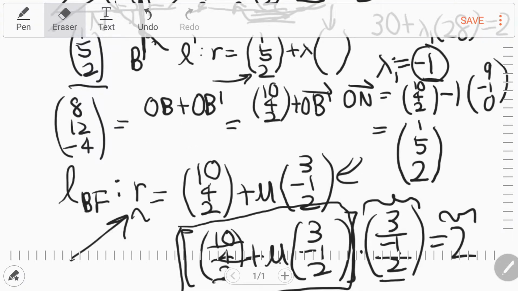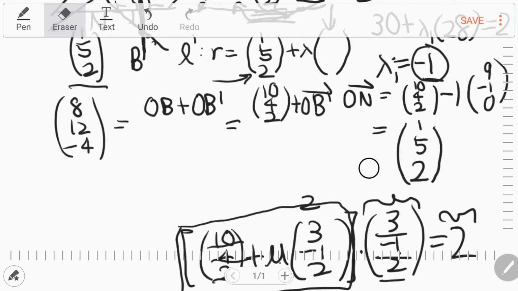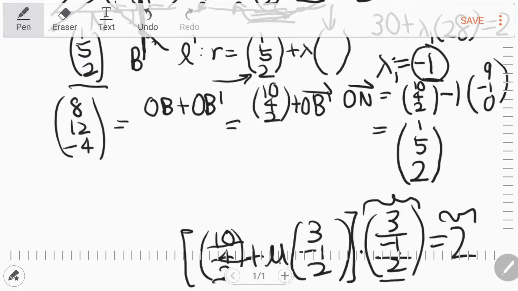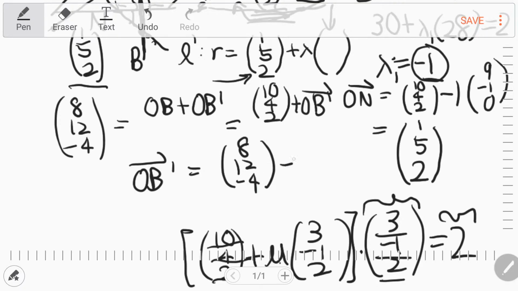Then the next thing is I would subtract. So I'll get my OB prime very soon. I erase some of this working to make space for it. So OB prime will now equal 8, 12, minus 4 minus 10, 4, 2.